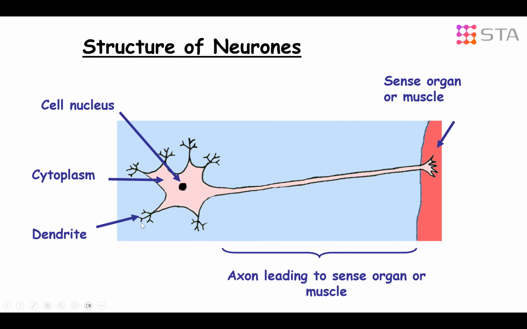It's also got these dendrites, or connections with other nerve cells. But essentially, because it is a neuron and because it is a cell, it will have a nucleus, it will have cytoplasm, it will have a cell membrane, and it will also have, let me just add some more labels.